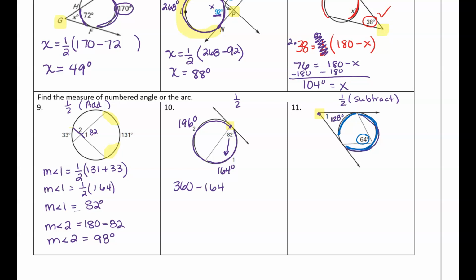To find this piece, I need to do 360 minus 128. So that's going to give me 232 degrees. Now those are the two pieces of the puzzle that I need. So the measure of angle 1 is going to be 1/2 of 232 subtract 128. So the measure of angle 1 is going to be 52 if you calculate that. So 52 degrees.